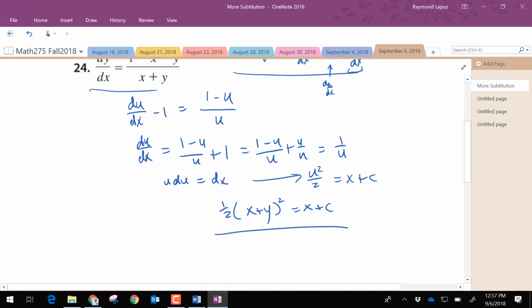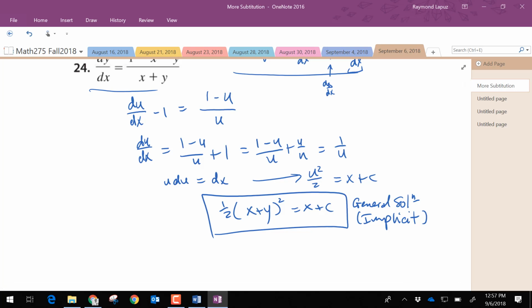So I would call this a general solution, but it's also an implicit solution. For most cases, because we do u and then solve for u and then replace it back with x and y, unless the u that we get is actually a nice linear function, chances are you're going to leave it as an implicit solution.